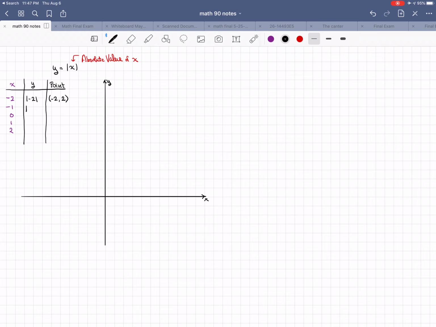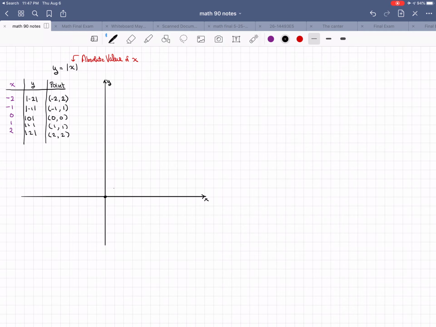By that same token, the absolute value of -1 is 1. The absolute value of 0, well, that's just 0. The absolute value of 1 is 1 again. And the absolute value of 2 is 2. So I'm going to plot these points sort of nonchalantly.